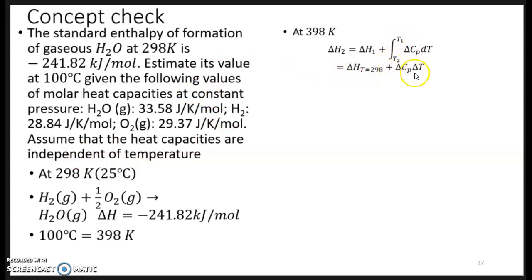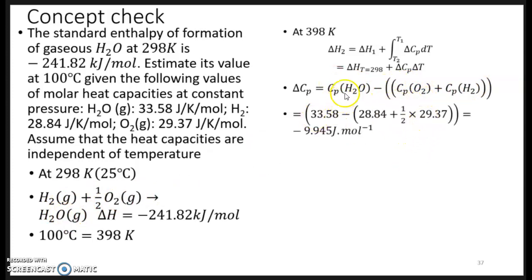So delta Cp will be Cp for the products minus Cp for the reactants. It's corrected in the next line. So this is 33.58 minus Cp for hydrogen, that's 28.84, minus half times Cp for oxygen, that's half times 29.37, and we have our answer at minus 9.9 J/K/mol.